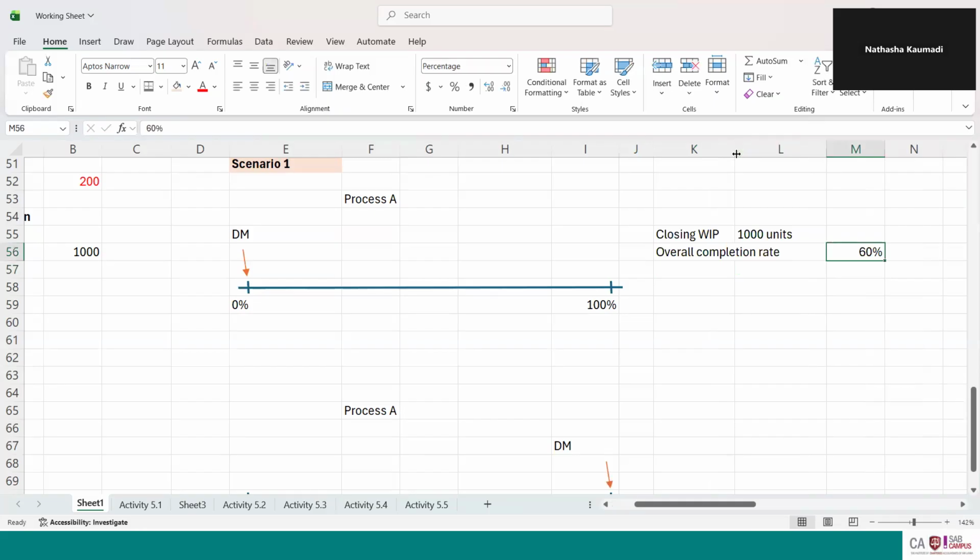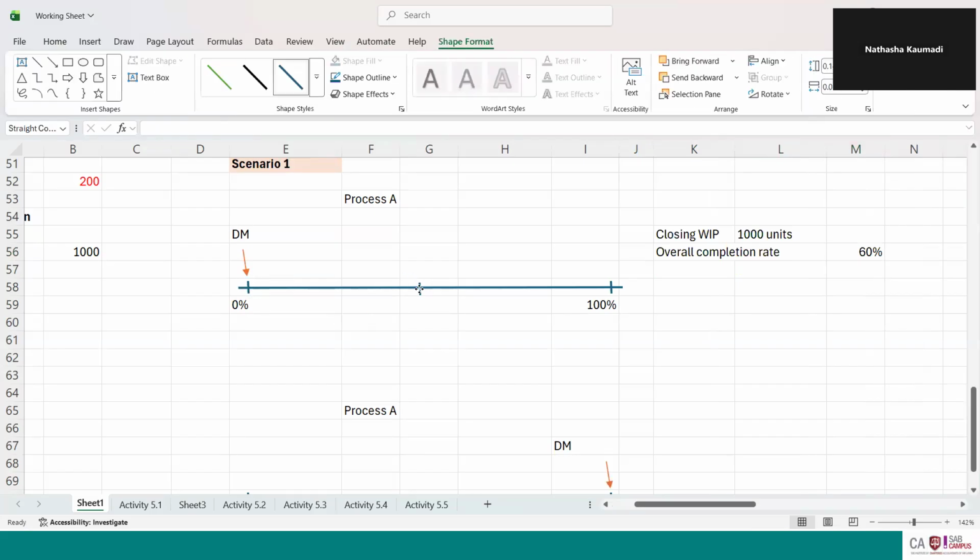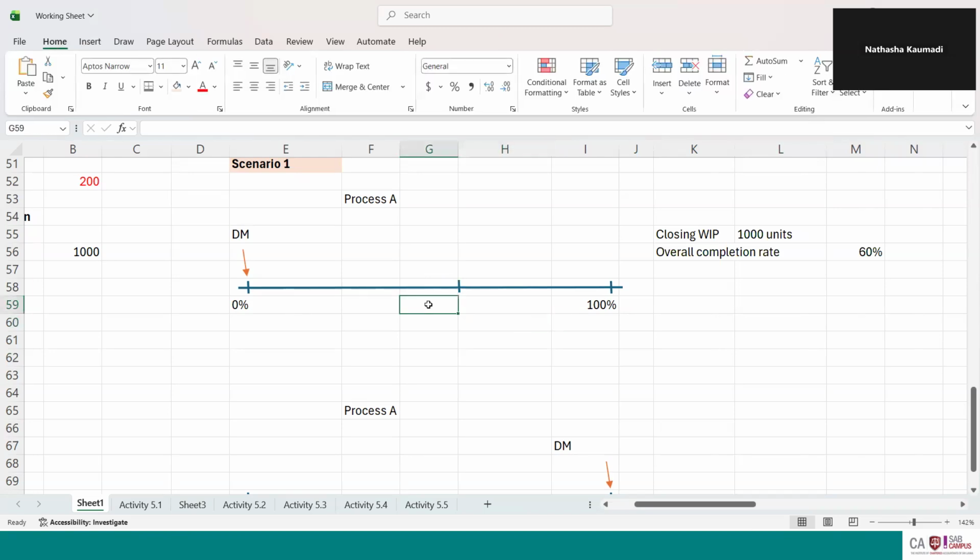That means where are you at? What is your completion rate? This is somewhere around 50, right? 60 means it should be more than that. Somewhere here. I'm just putting it 60%. So I'm writing 60% here. Okay, overall completion rate is 60%.